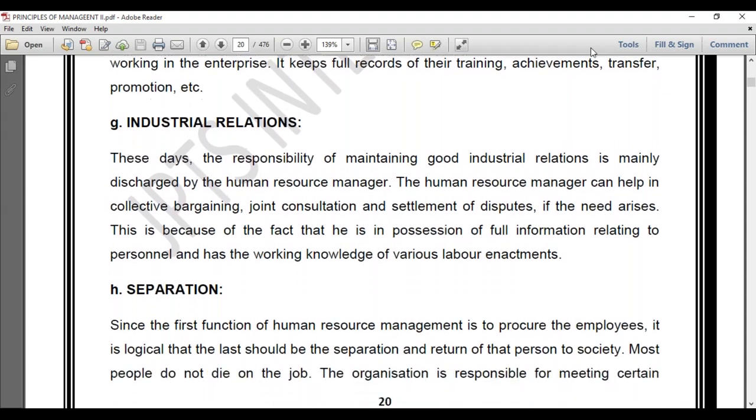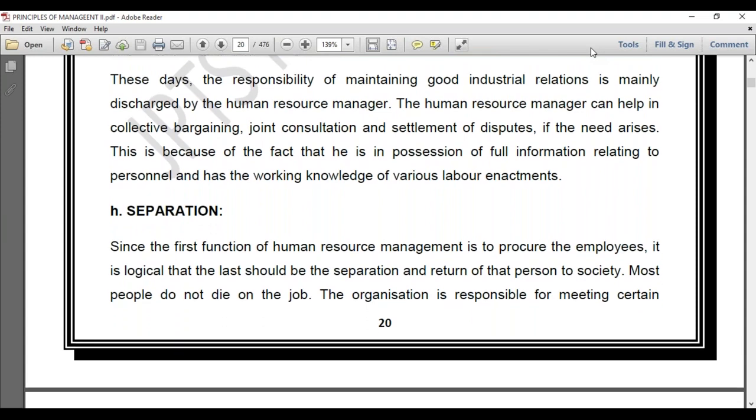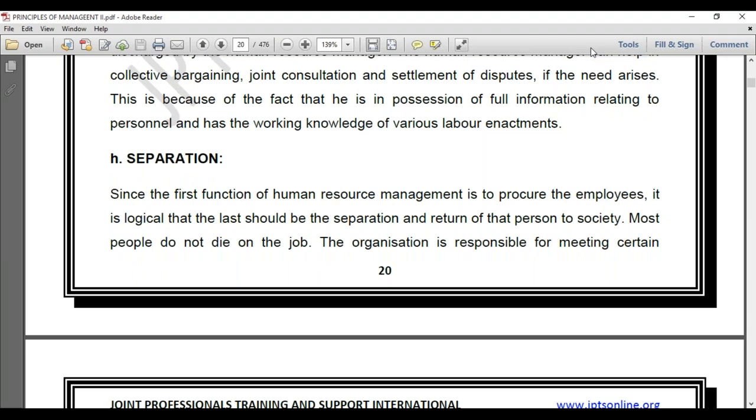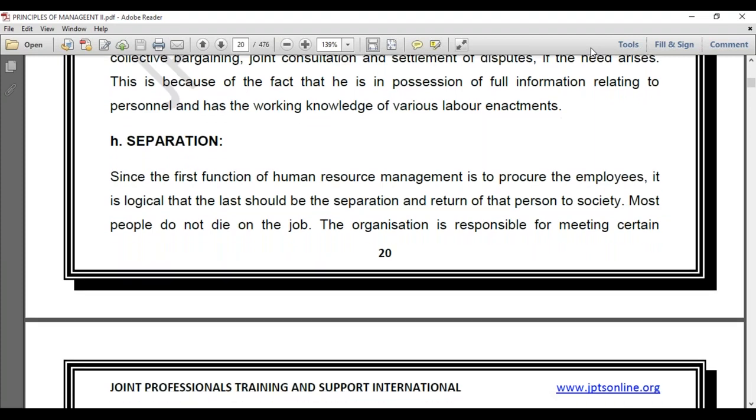Another one we shall look at is separation. A Greek philosopher once said that nothing is constant in life except change itself. Everything in life is bound to change. So every employee that a human resource person hired to work with him or her, that soon comes when that employee will be separated and move back to the larger society, either by retirement or termination, or even when the unforeseen happens, as a result of death.